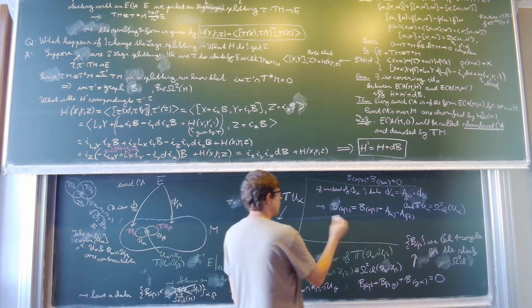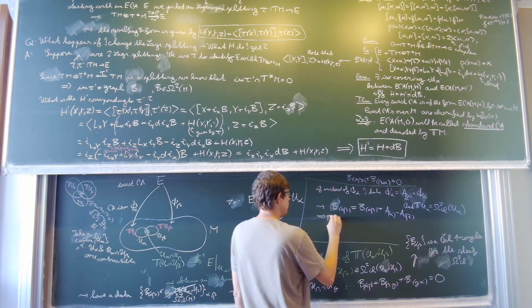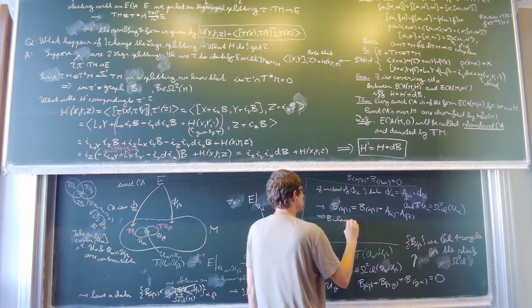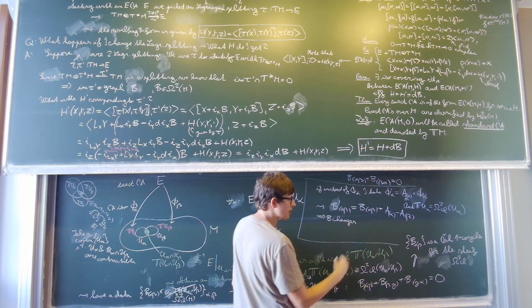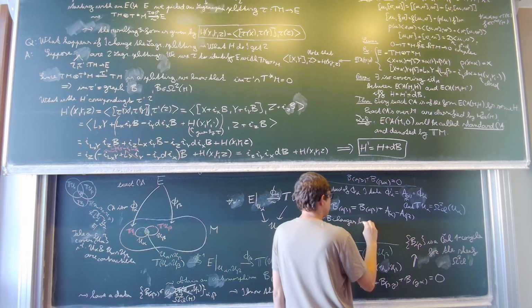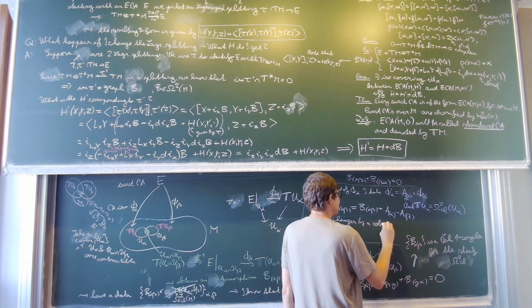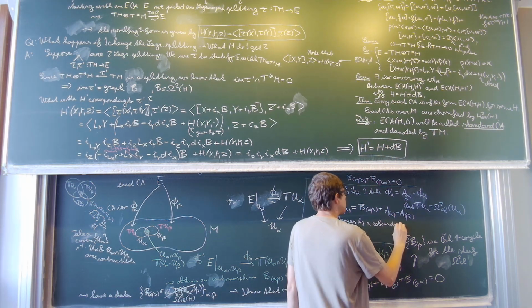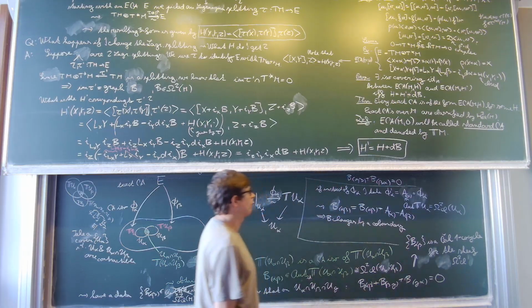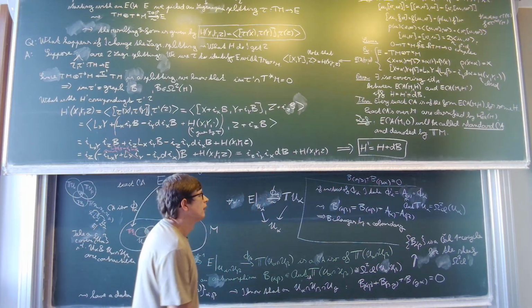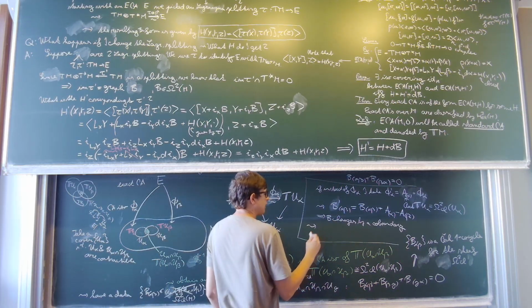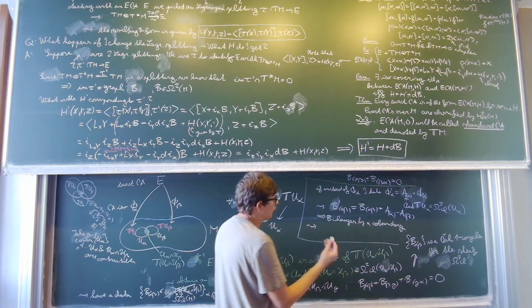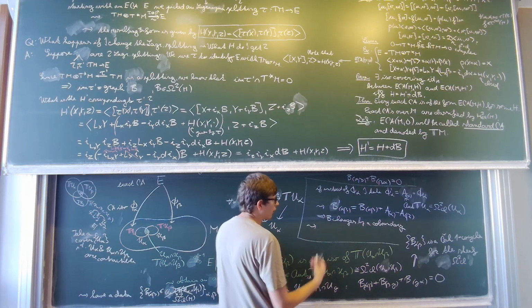So this B, which was in the second Čech cycle, changes by a coboundary, and this means that what I should look at is the corresponding cohomology theory.